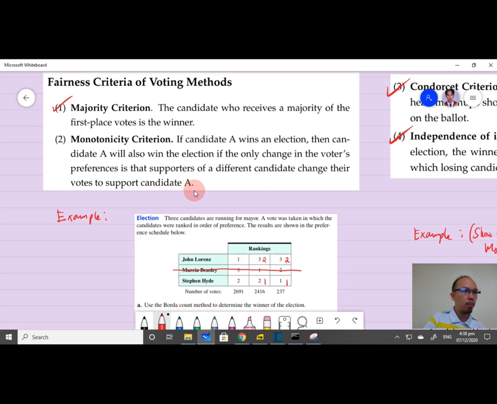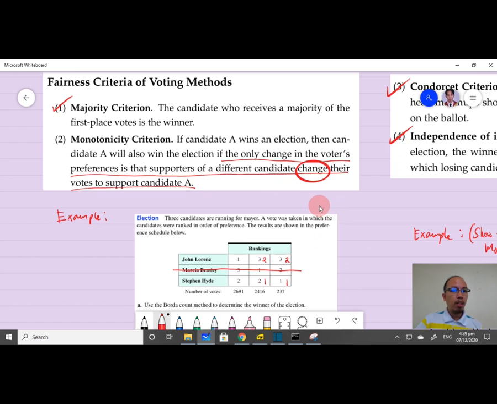This is very important. I'm going to put a line here. If the only change in voters' preferences is that the supporters of a different candidate change their votes to support candidate A. Okay, so what does that mean?